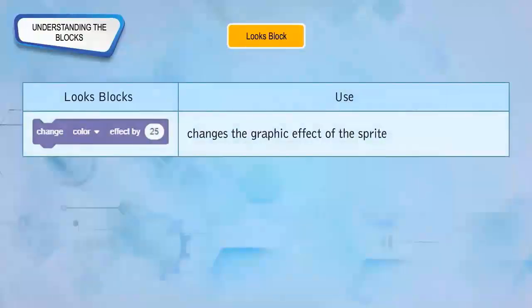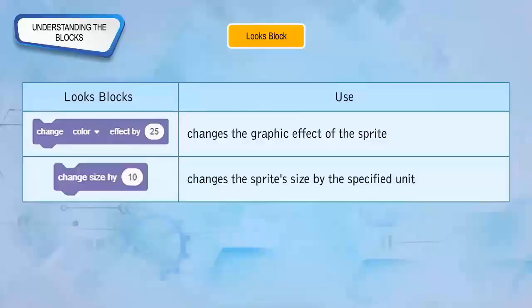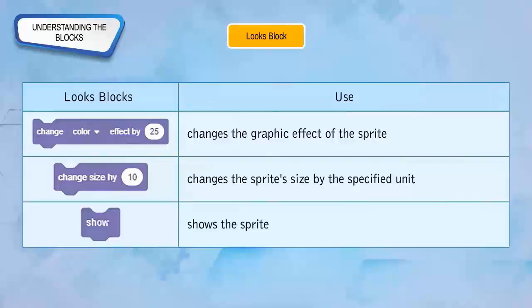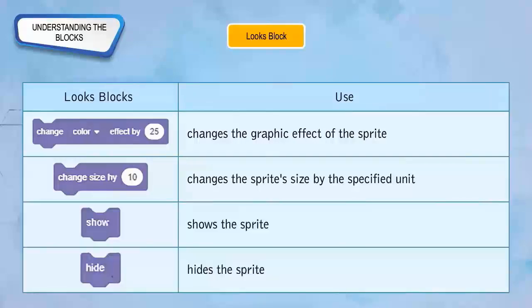Change color effect by 25. Changes the graphic effect of the sprite. Change size by 10. Changes the sprite's size by the specified unit. Show shows the sprite. Hide hides the sprite.